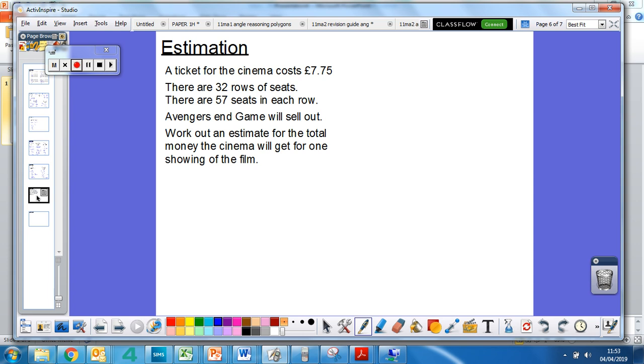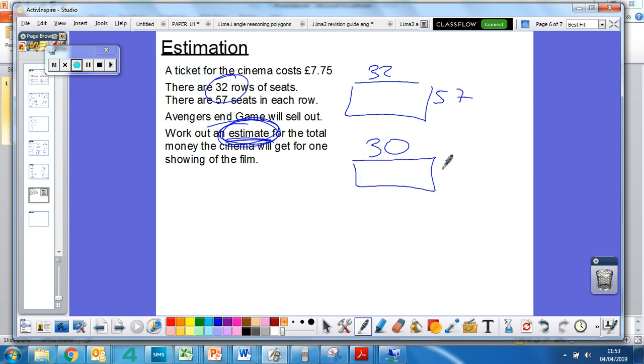Estimate. Key word. So I need to know how many seats there are and times it by the money. So the seats, imagine them sort of laid out like this. 32 by 57. It said estimate. Round it to one significant figure, we're talking about 30 by 60.